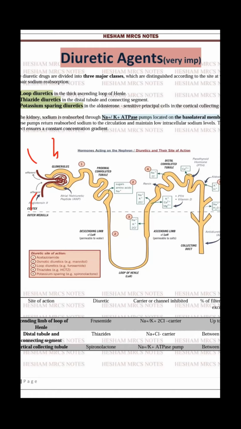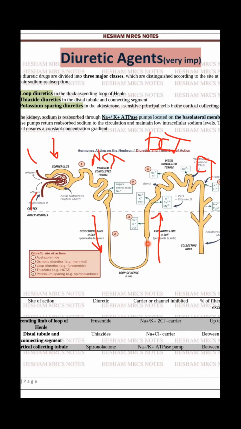This is the descending limb of the loop of Henle, and this is the ascending limb, which leads to the distal convoluted tubule. The ascending limb of the loop of Henle is divided into two segments: thin ascending and thick ascending. Let's discuss each one of them.